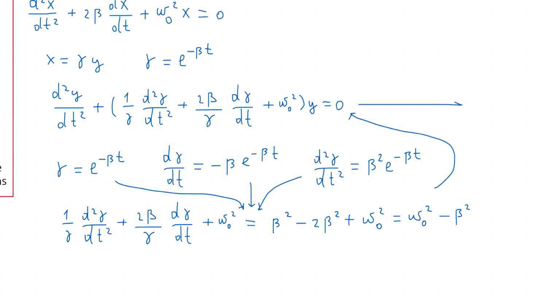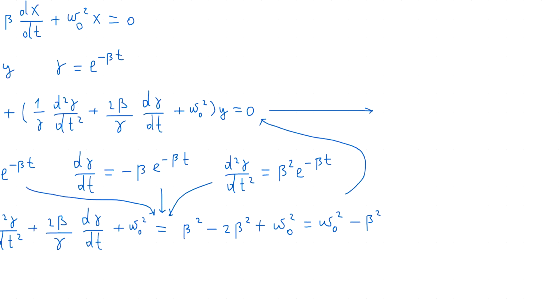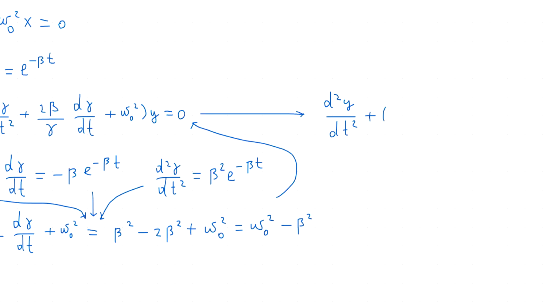Okay, if there are no questions, let's complete our substitution and transformation, and we'll get here we have brackets and y, and this is equal to 0.